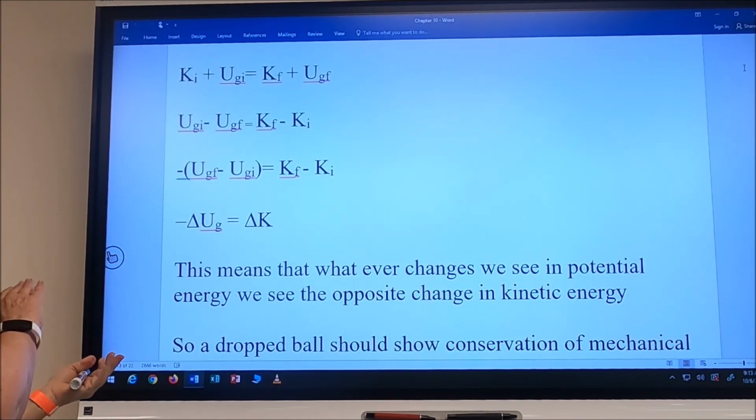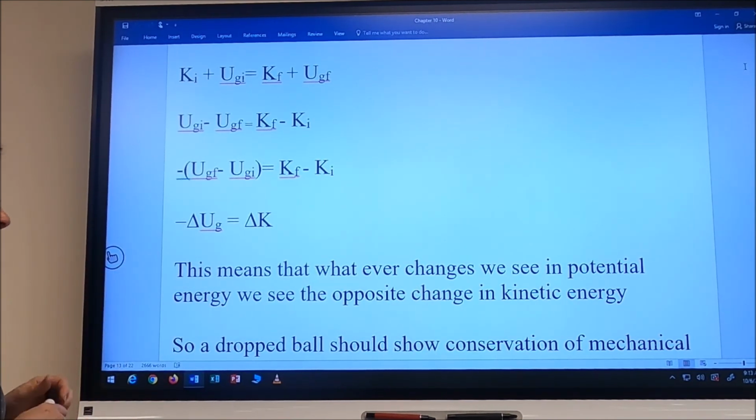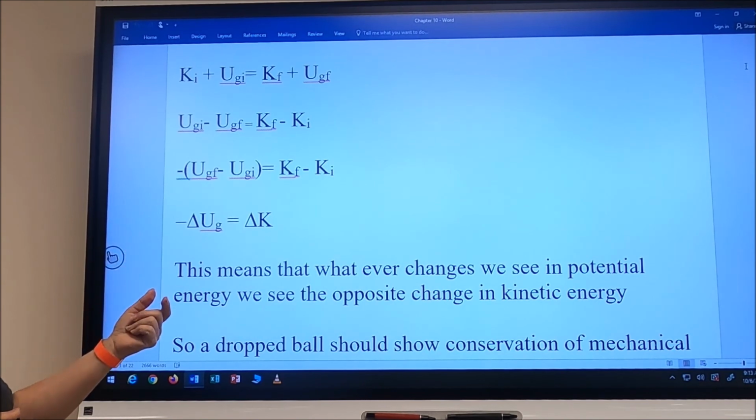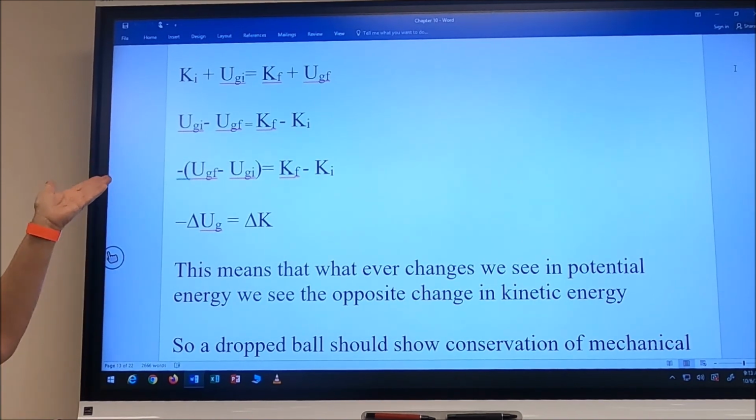Okay? So I have potential energy being converted into kinetic energy, or kinetic energy being converted into potential energy, and whatever change we see in potential, we see the opposite change in kinetic. So if potential energy goes down, kinetic energy goes up. If potential energy goes up, kinetic energy has to go down.